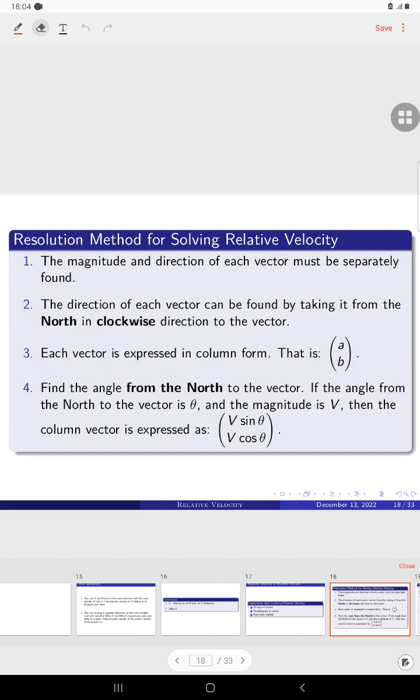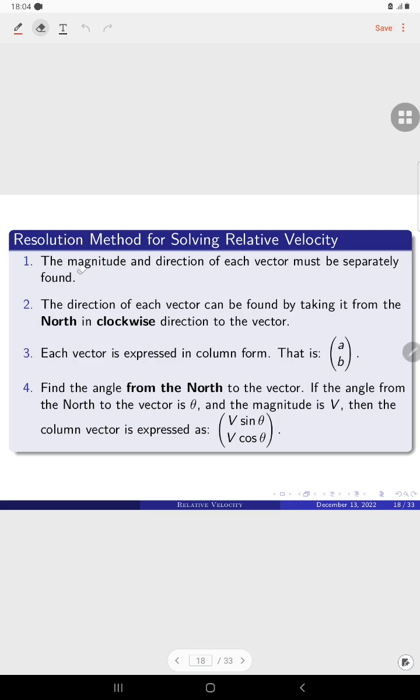If you want to use the resolution method to solve relative velocity problems, these are some of the steps. First of all, try and get the magnitude and the direction of each vector, separately. For the direction, you have to take it from the north in clockwise direction to the vector. What do we mean by that? I'm going to show you very soon.